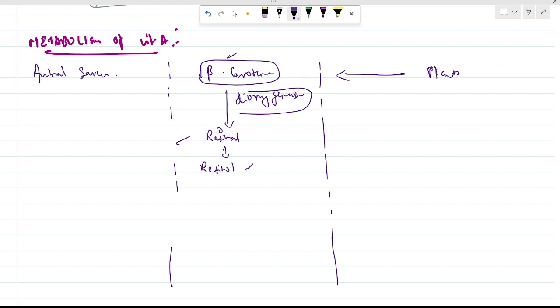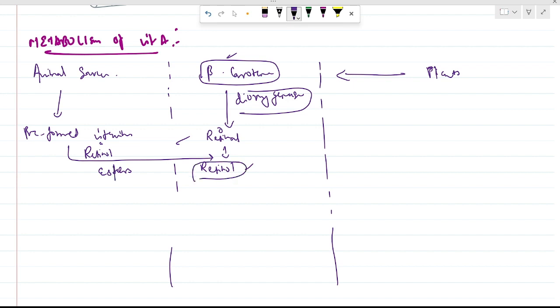We have seen the animal sources. From these animal sources, these are the preformed vitamins. So these preformed vitamins are combined with retinol esters. Remember, retinol esters. They join this pathway along with retinal to form retinol.